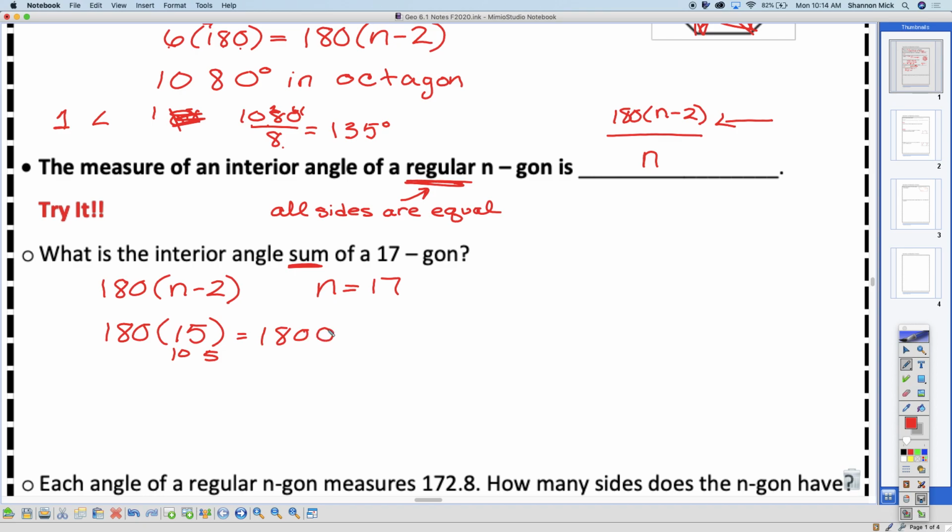And then times 5. 5 times 0 is 0. 5 times 8 is 40. 0, carry the 4. 5 times 1 is 5, plus 4 is 9. So I get 900. 1,800 plus 900, I get 2,700 degrees.